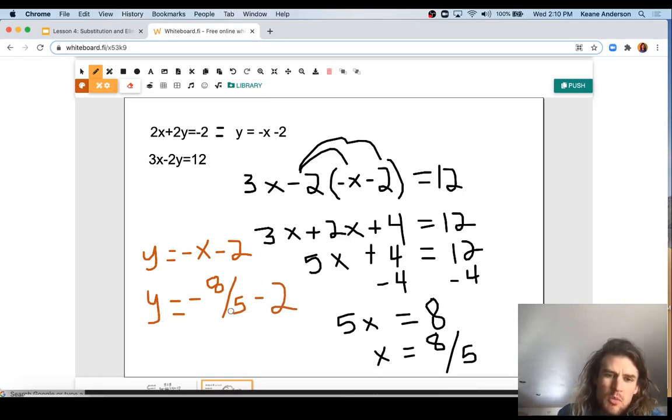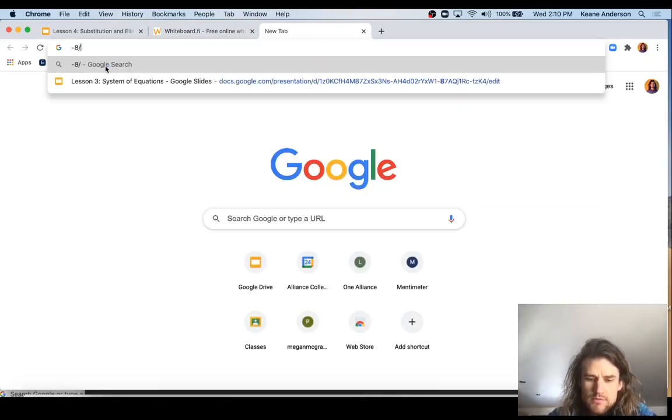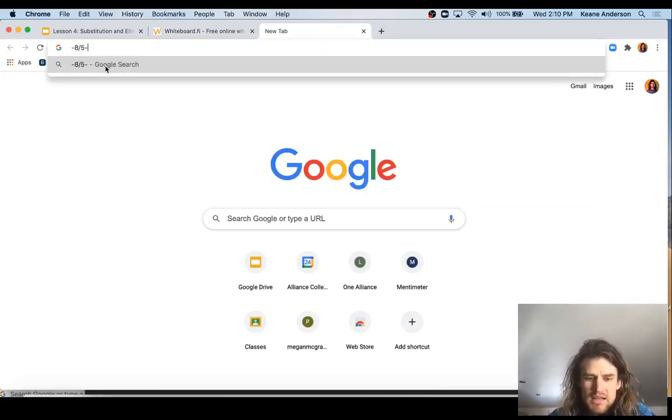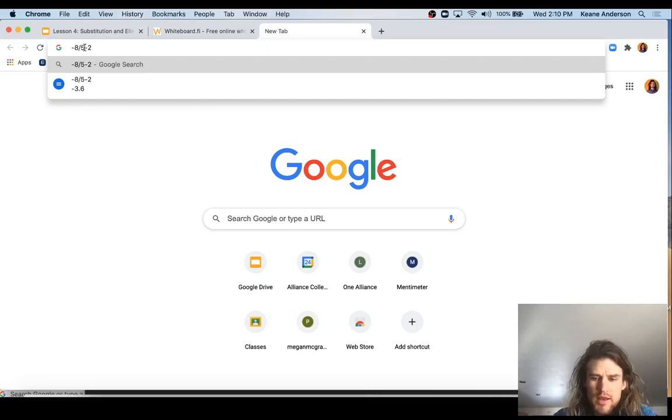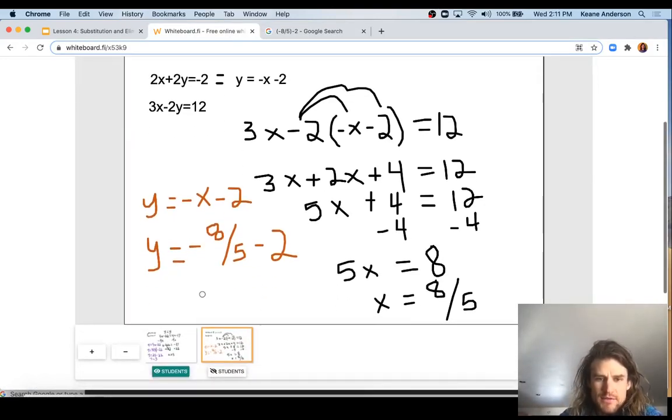Actually, maybe we can use the calculator for this one to make it easier. We'll say negative 8/5 minus 2. Maybe we'll wrap parentheses around our fraction just to be real sure that we got it. And that is going to be negative 3.6.